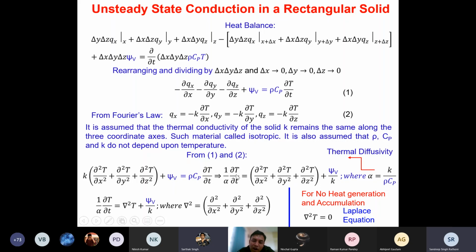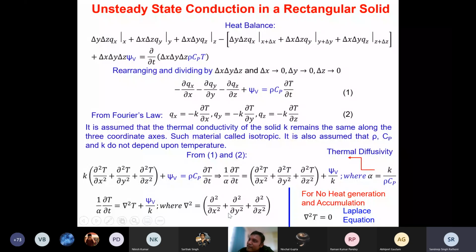Okay. So now if you non-dimensionalize this denominator, you get alpha t by s square. This entire thing is called a Fourier number. So here ∂t becomes ∂(alpha t by s square), which is dimensionless in terms of time.